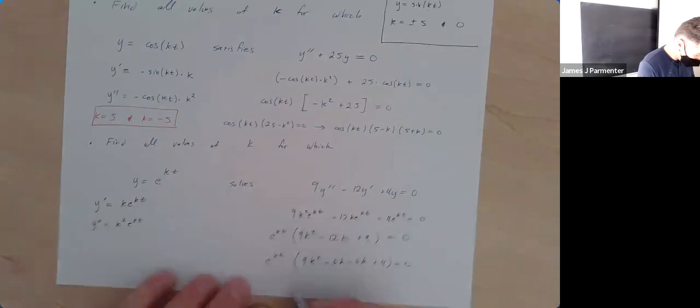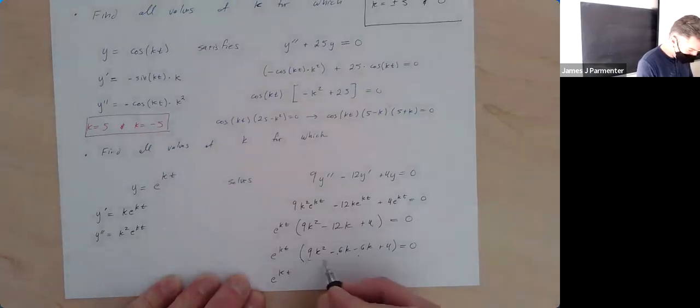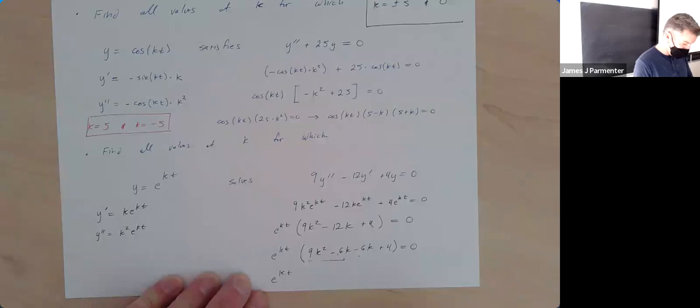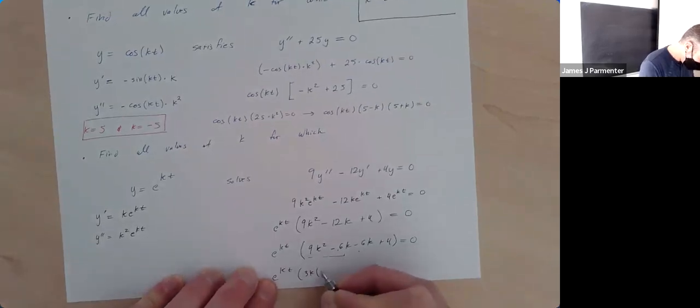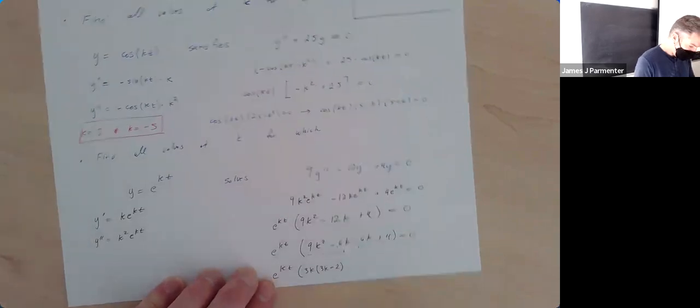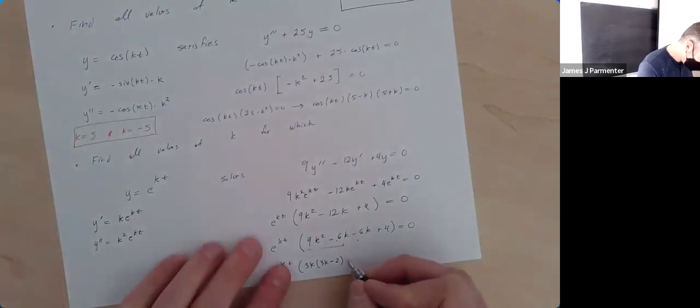And then we can factor this by grouping. From the first two things, I can factor out a 3k. I'm left with a 3k minus 2. From the second two things, I can factor out a -2.